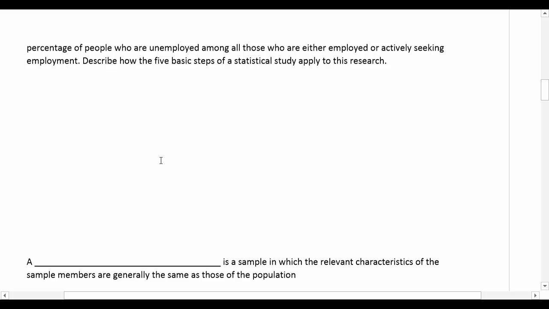Okay, so what's our goal, and then what are we trying to do? Okay, so let's go through step 1. What is our goal of this research? What is it we're trying to gather evidence on? And we want to learn about the unemployment rate of all Americans.